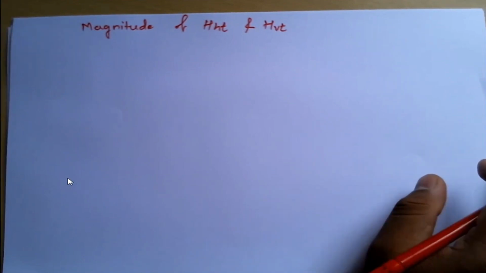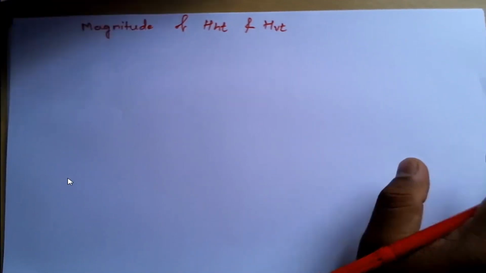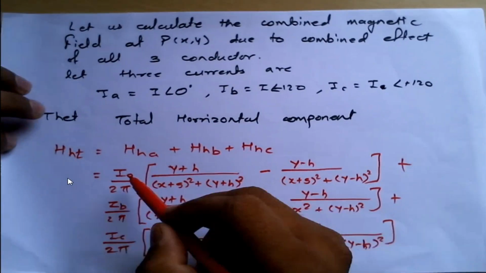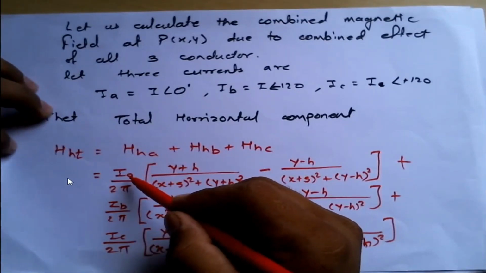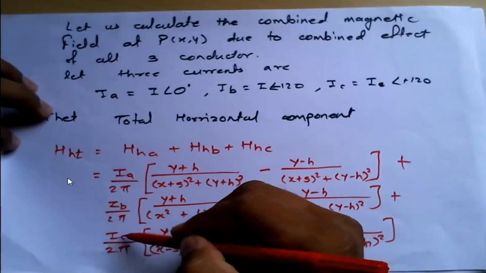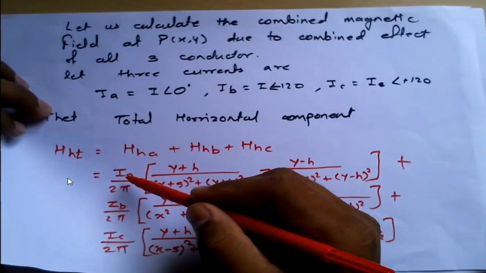So in the above equation, there are three currents: IA, IB, IC. And if I write down the equation for IA, IB, IC, IA is equal to what? I at an angle of 0, right? IB is lagging IA by 120 degrees, and IC is leading IA by 120 degrees.